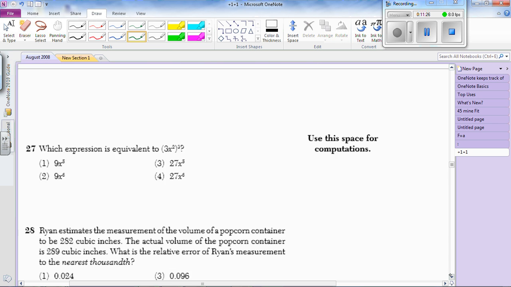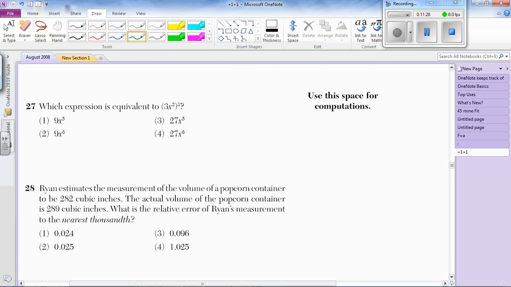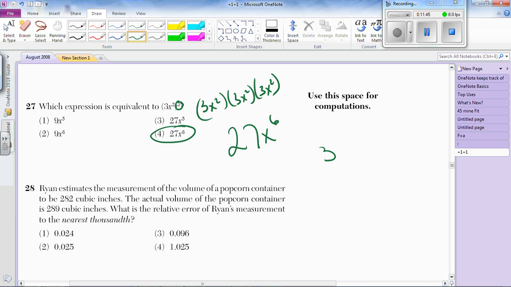Almost done. Well, doesn't cubed mean write it 3 times? So this is 3x squared times 3x squared times 3x squared. So you got to be really careful. It's 3 times 3 times 3, which is 27, x to the 6. So there's the right answer one way. The other thing you could do would be 3 cubed and then x squared cubed, and when you do that, you multiply exponents.